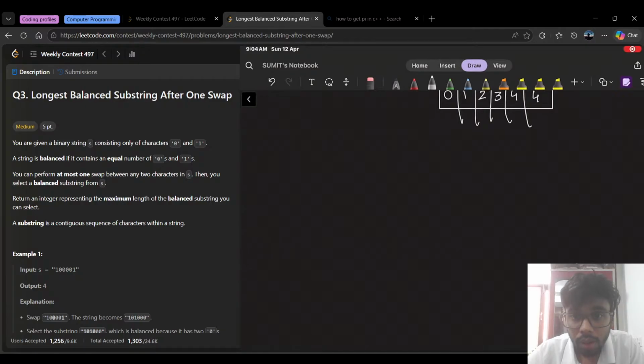Into one count is equal to ones of j minus ones of I minus 1, in 0 count.